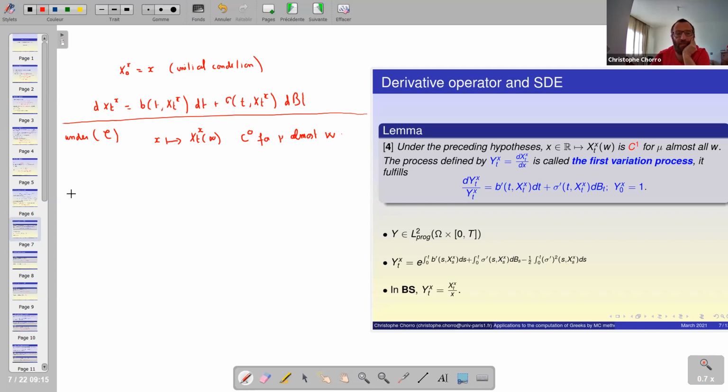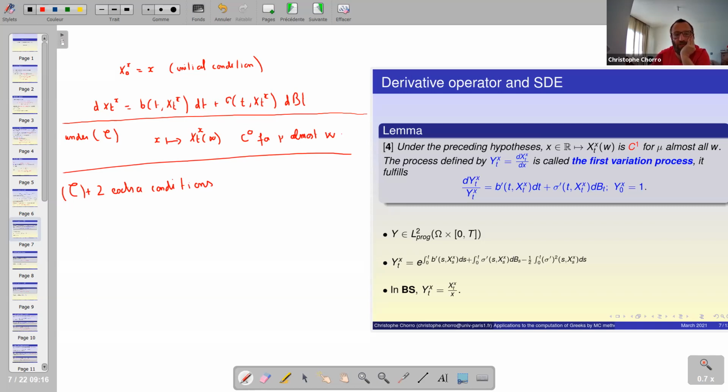Okay? So now keep in mind that I have C plus my two extra conditions. And I have this lemma that I have called lemma 4 that tells me the following. If I have my condition C, and if I add my two extra conditions, then I can say a little bit more concerning the regularity of this mapping.